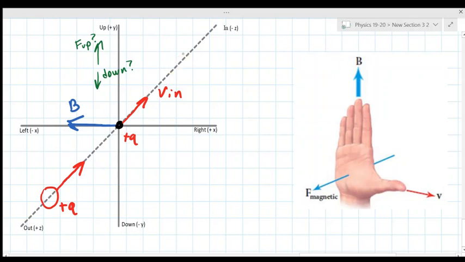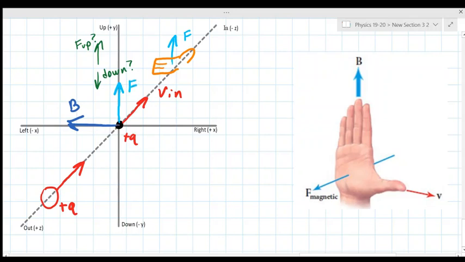The thumb is that way, and the fingers point to the left. So if you orient your right hand like that, your palm actually faces up. So the force on this charge is up.